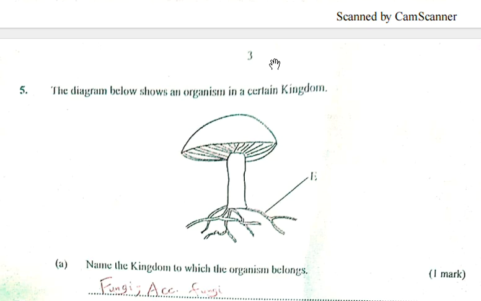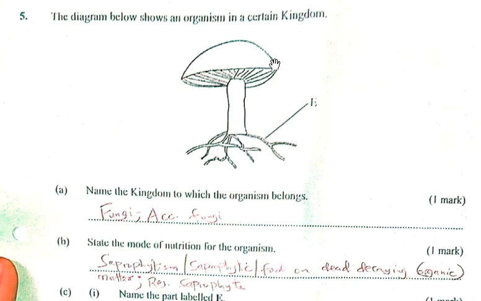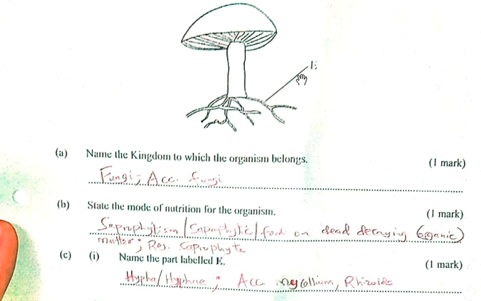Question 5, the diagram below shows an organism in a certain kingdom, and that organism is a mushroom. Name the kingdom to which the organism belongs, and that is kingdom Fungi. And when writing taxonomic units, for example the kingdom, it must start with a capital letter.